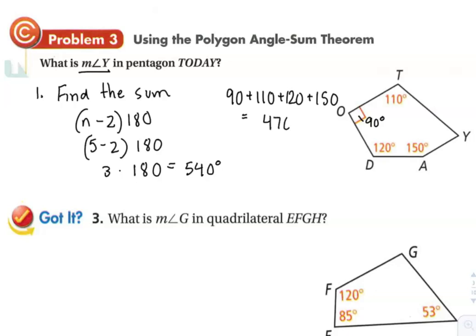So that total is 470. So that's all the angles that we know so far. Let's just subtract 470 from 540. That's what should be remaining, which is 70 degrees. All right, and that looks reasonable, especially because when I look at each of these, the 150, 120, those all look like they're about to scale. Yep, and 70, that does look like it's less than 90.